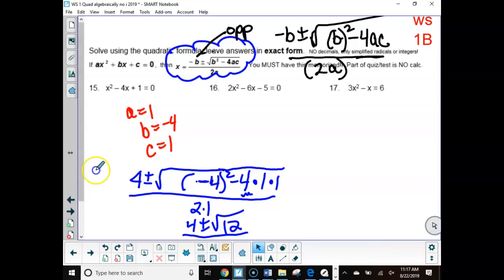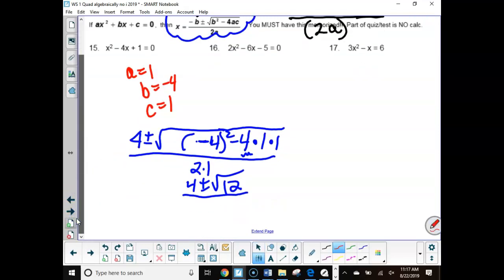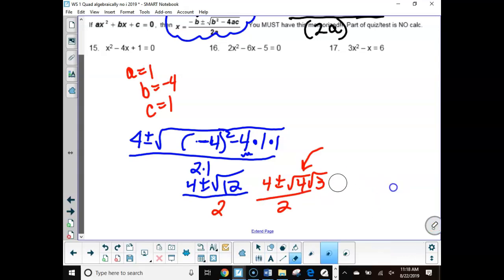Who remembers how to simplify radicals? We have not spent a lot of time on that. The square root of 12 is the square root of 4 times the square root of 3. One of them has to be a perfect square. The square root of 4 is 2. So we still have a 4 plus or minus 2 square roots of 3, and it's all over a 2.